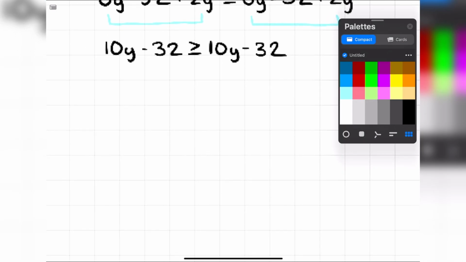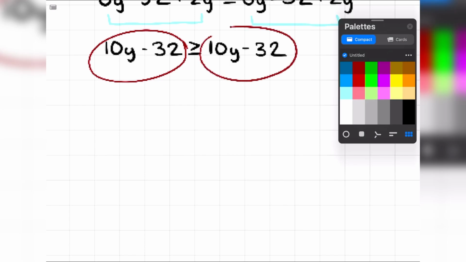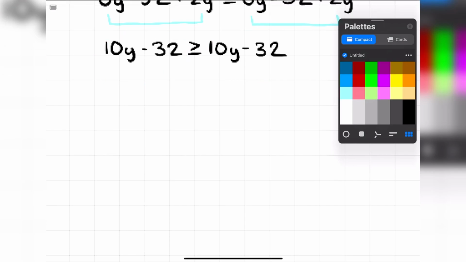Now, here you can already see what your solution is going to be. If you just look at it, you can tell, if you're paying attention, it is the exact same thing, right? Here you would already deduce what your solution is, but we're going to continue so that it's easier, and I'll explain why. Here's where you could, in theory, stop if you know what you're doing. Once you practice enough, you'll know.